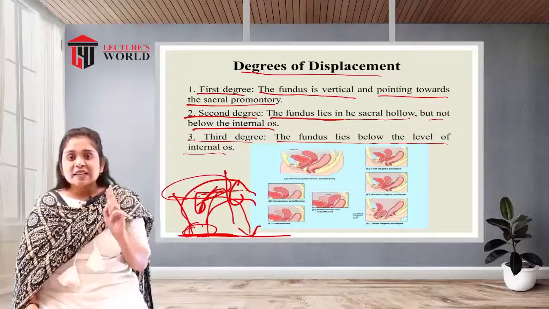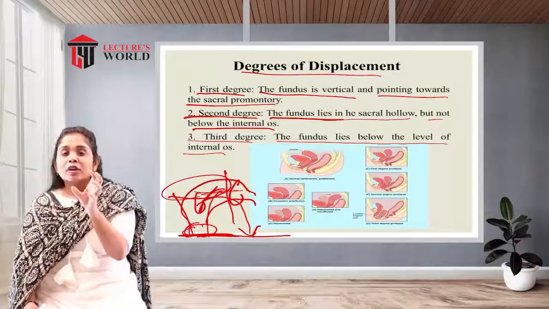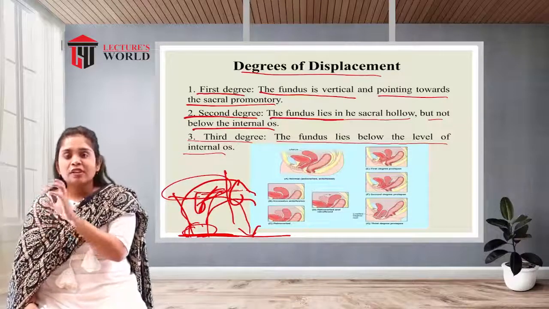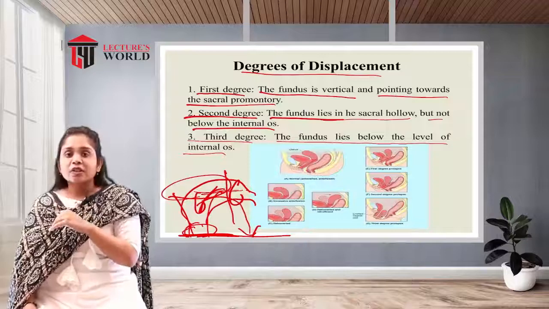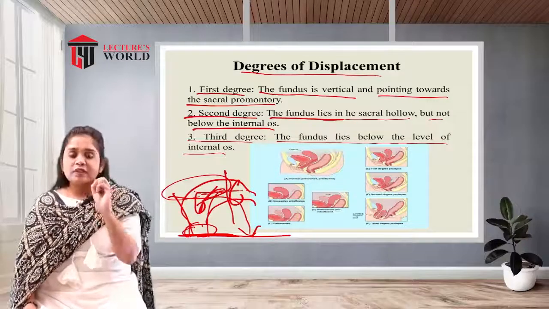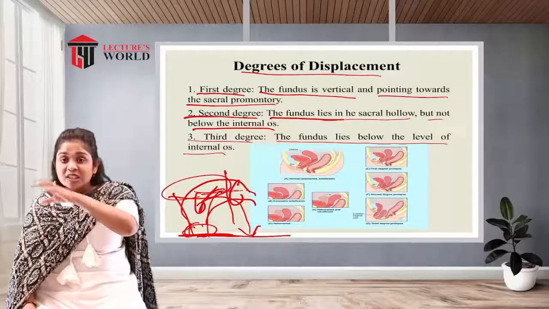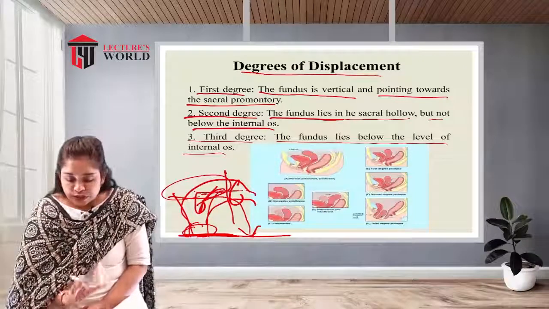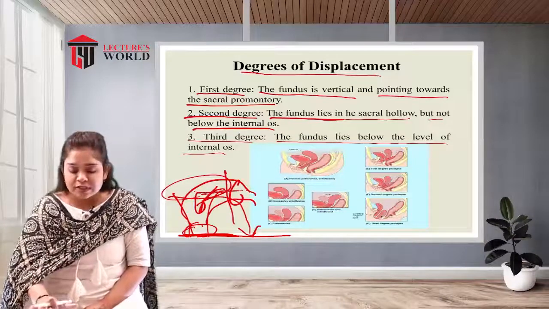In the second degree, the fundus will be bending backward nearby the sacral vertebrae, otherwise the sacral hollow, but not below the internal os. But in the third degree, the fundus and the corpus or body part will be coming at the level of the internal os. This is how we describe the degree of displacement.